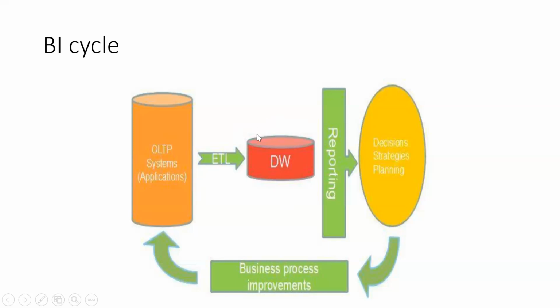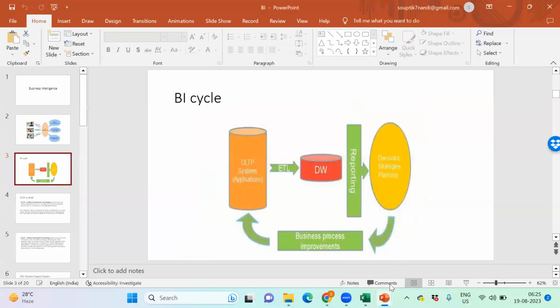The data warehouse contains the previous historical data, and on top of that the ETL tool loads the data daily. Whatever data comes in here, it loads there. The data warehouse is nothing but a database, so its tables should be refreshed with the latest records. ETL is responsible for all this.